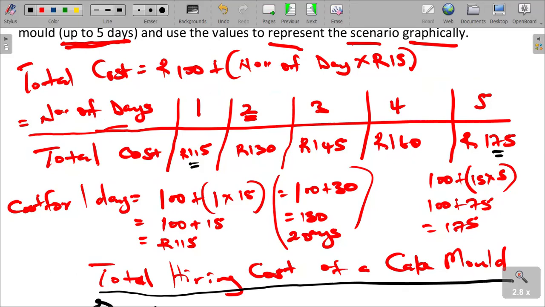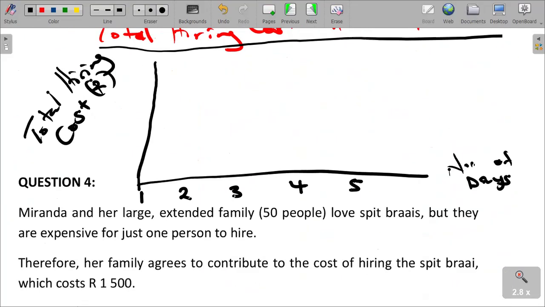In the interest of time, I can use an interval of 50: 50, 100, 150, 200.